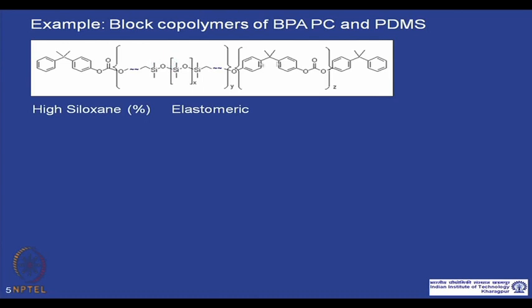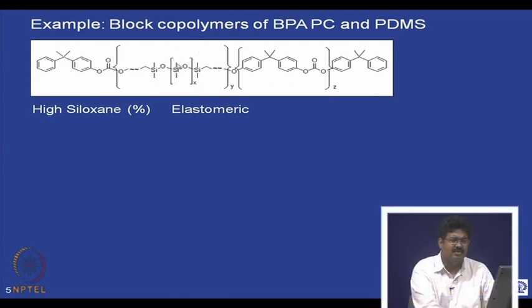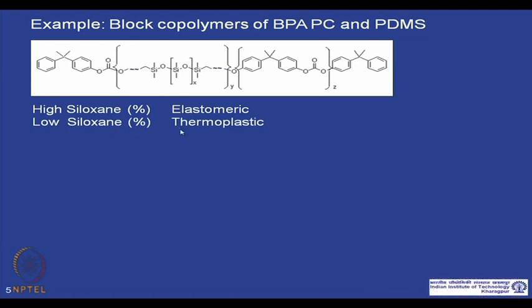Depending upon which is higher, this polymer may behave as an elastomer or a thermoplastic. If the amount of rubbery phase, that is PDMS, is higher, a high siloxane percentage, then this block polymer behaves as an elastomer, and if the amount of siloxane is lower, then this block copolymer behaves as a thermoplastic.